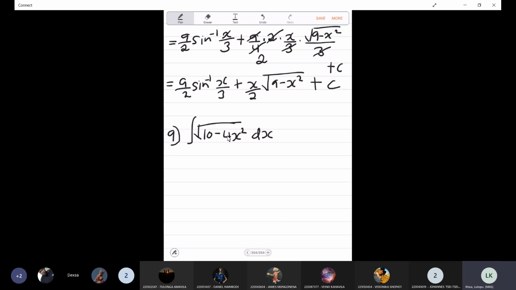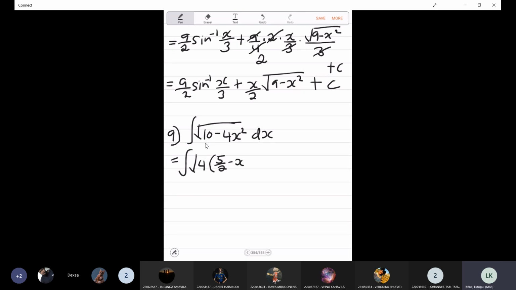So we don't want any coefficients of x squared here. So that's the first thing we must factor out. So we factor out the 4. So we have the integral of the square root of 4, then 10 over 4 is 5 over 2.